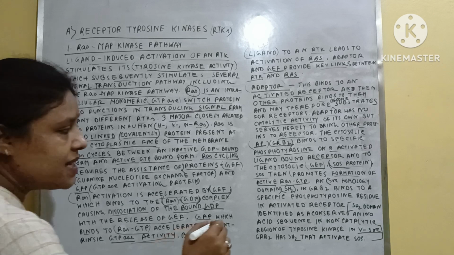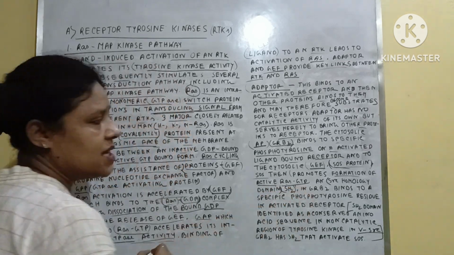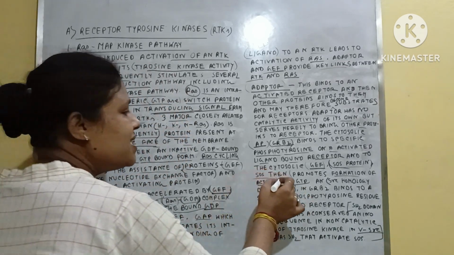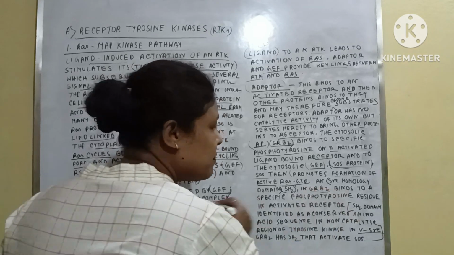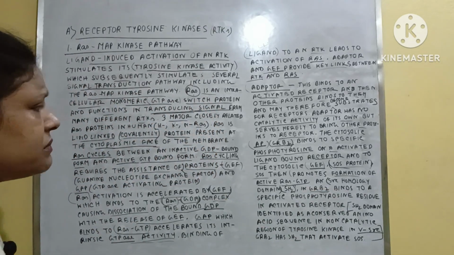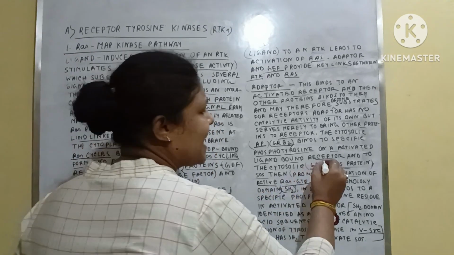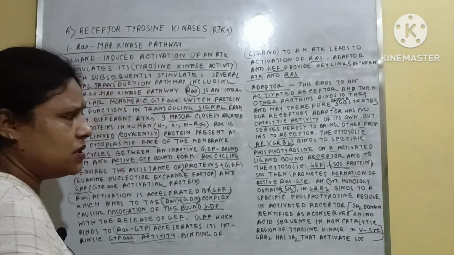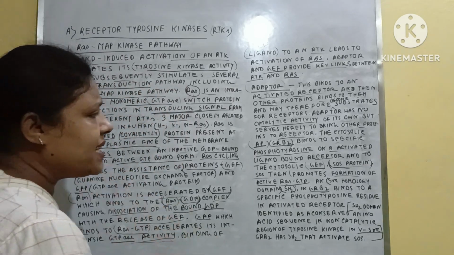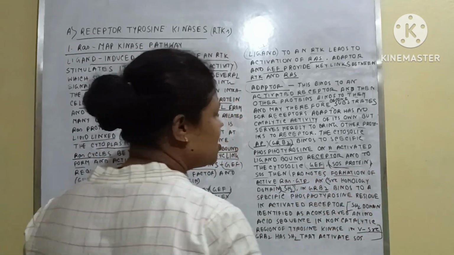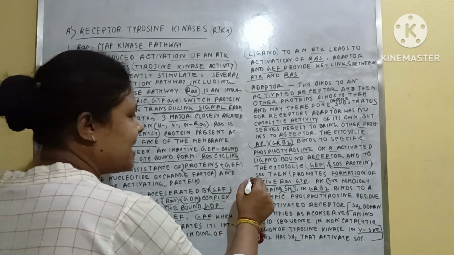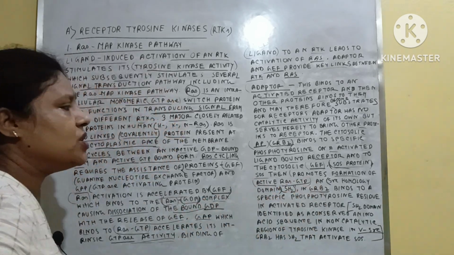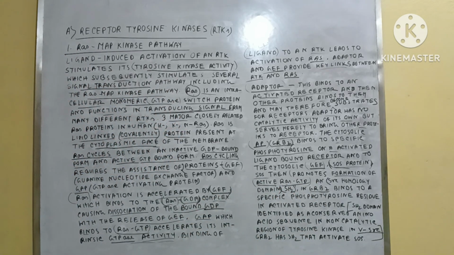Clear? That means there is an important function of SH2, because if SH2 is not there with GRB2, then activation of the SOS protein is not possible. And if activation of SOS protein is not occurring, that means active RAS-GTP formation is not possible. Clear?